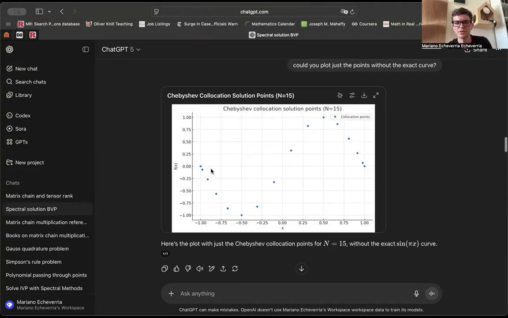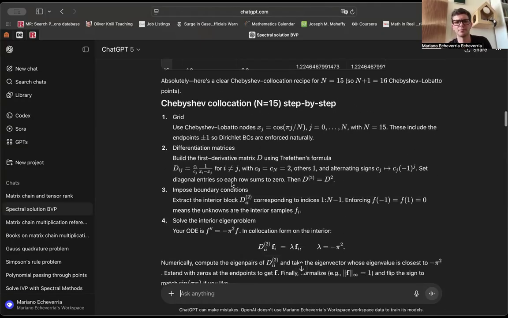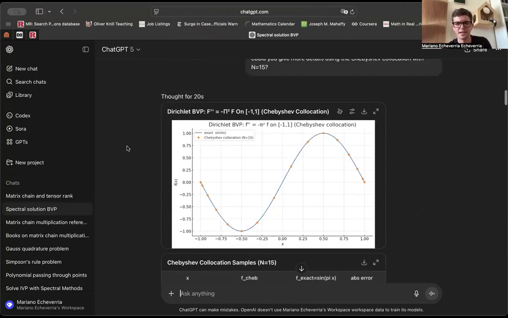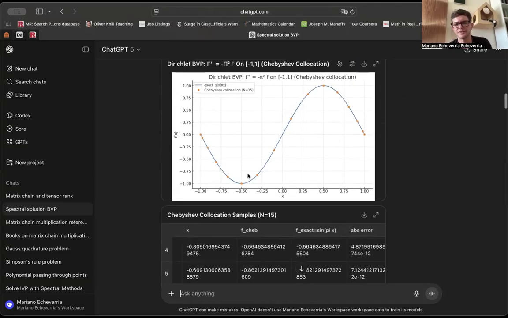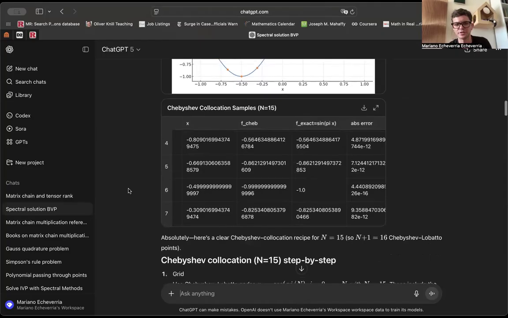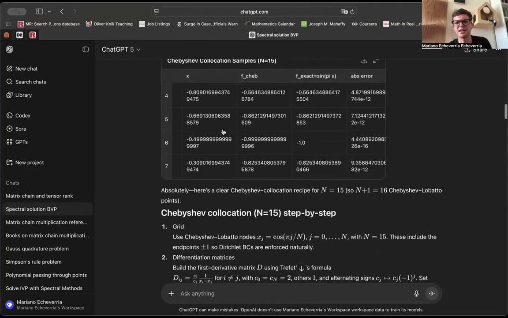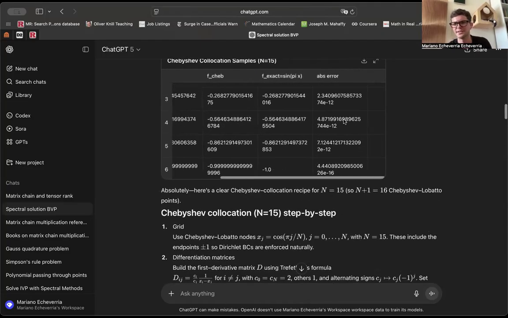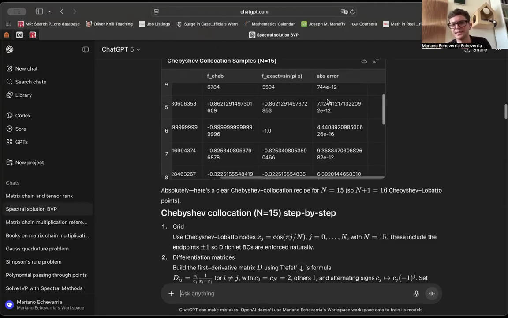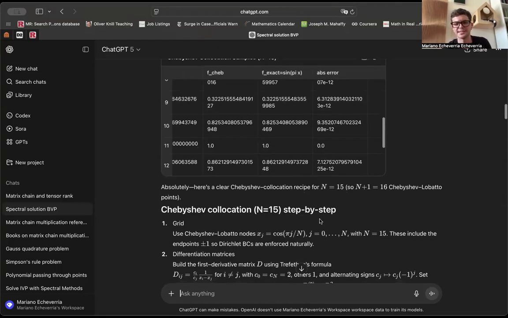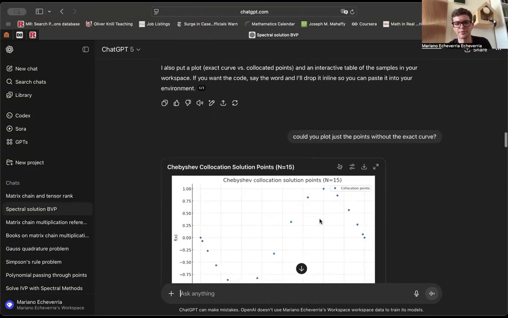Then you would find a polynomial that passes through these points, and it is almost indistinguishable from the actual solution. In fact, already for 15 nodes the solution is almost the same. You can see the error terms involve 10 to the negative 12, or 10 to the negative 16.